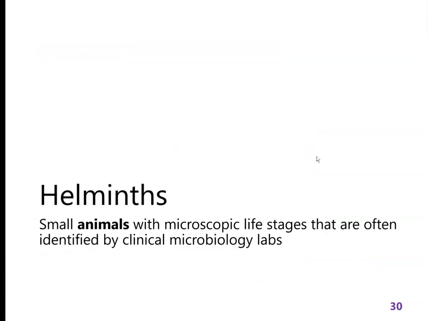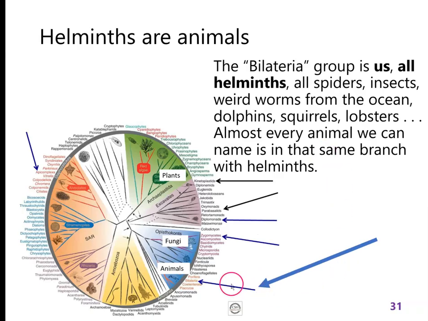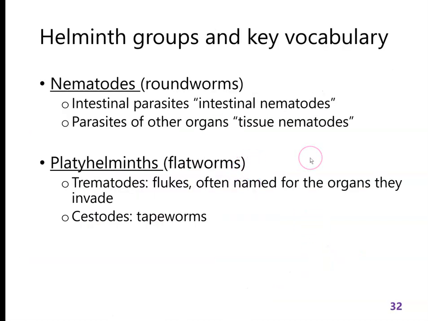Okay. And then the last thing from this video is helminths. They are small animals. They have macroscopic and microscopic life stages. So here they are with us. And there are really 2 groups that we think about, the flatworms and the roundworms. Helminths are pathogens quite often, and so we group them sort of by how they get around the body.